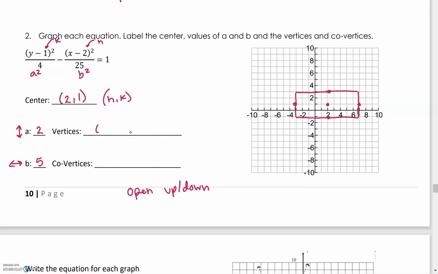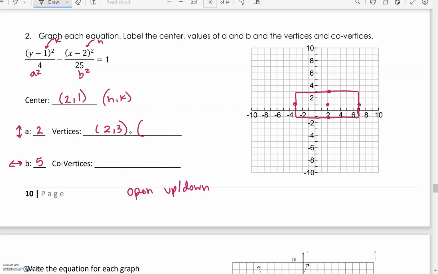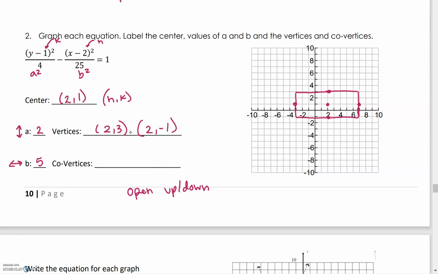All right, and so our vertices here are going to be at 2, 3, and at 2, negative 1. And then our co-vertices are at 7, 1, and at negative 3, 1.